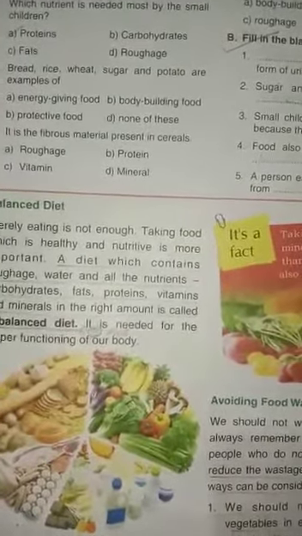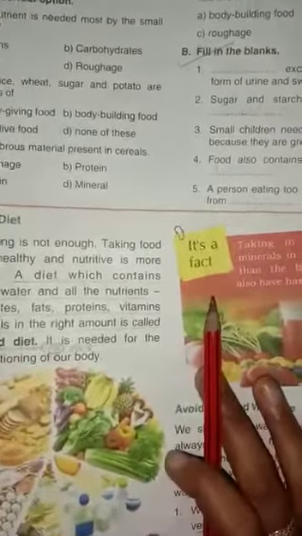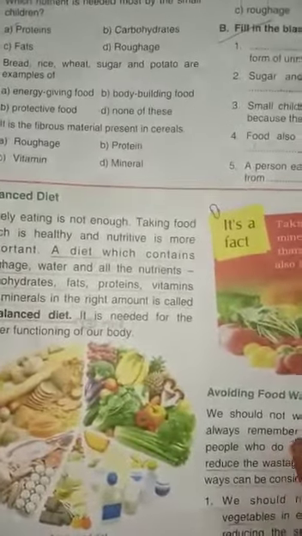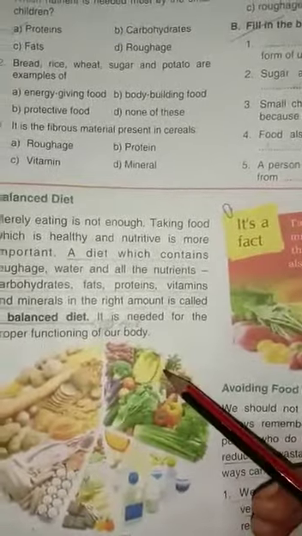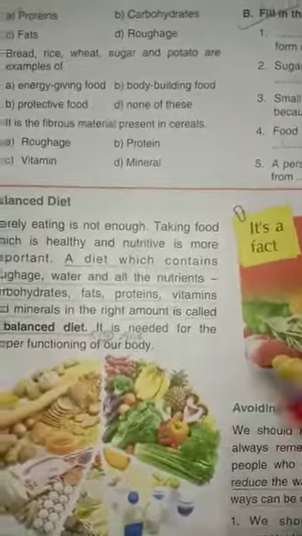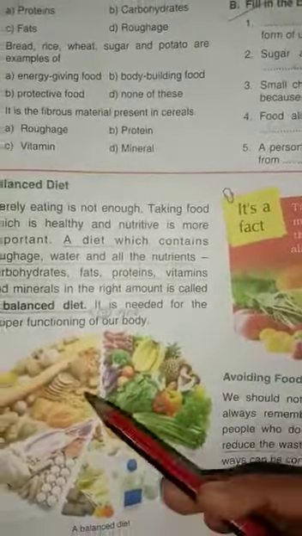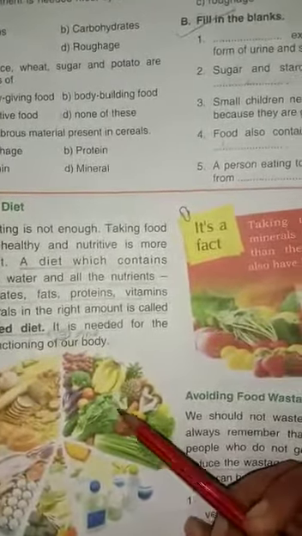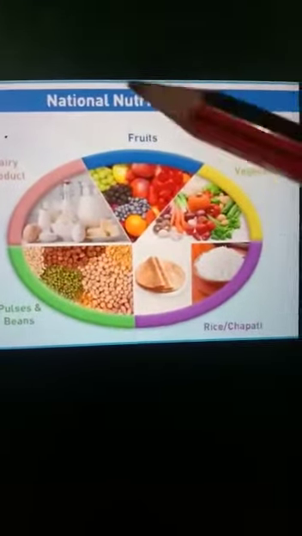and a balanced diet contains different kinds of food in certain quantities and proportions so that the requirement of calories, protein, minerals, vitamins we can get easily. A healthy diet or a balanced diet. A balanced diet is a healthy diet that contains the right amount of all the food. It includes fruit, vegetables, grain, dairy products and protein. See here, this is a national nutrition chart.